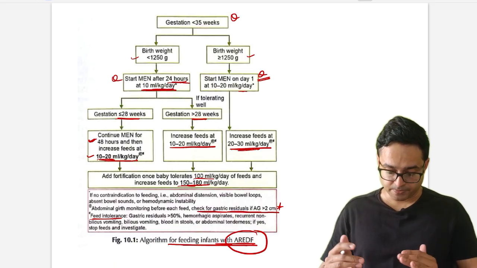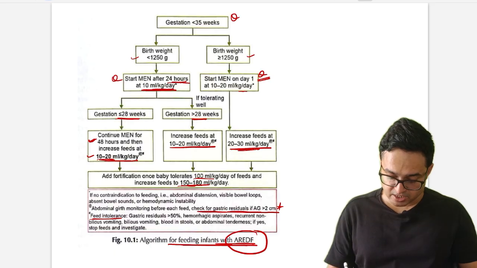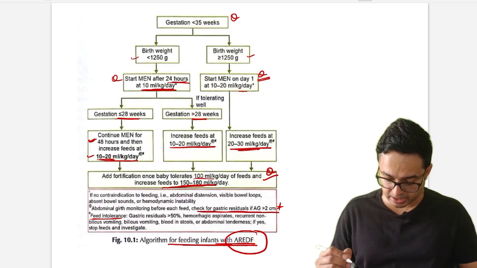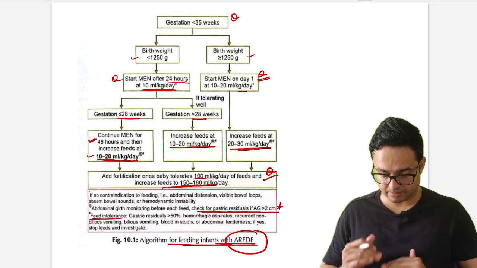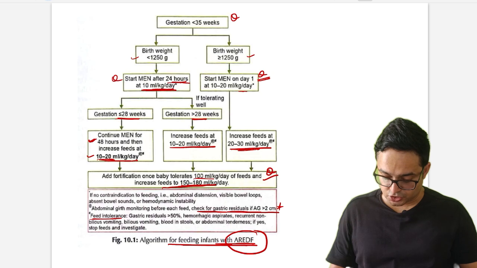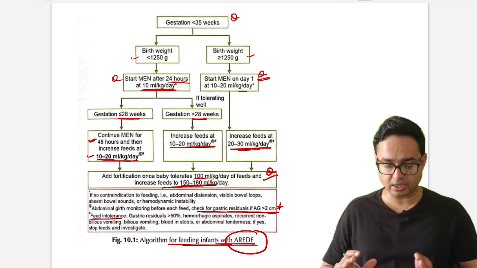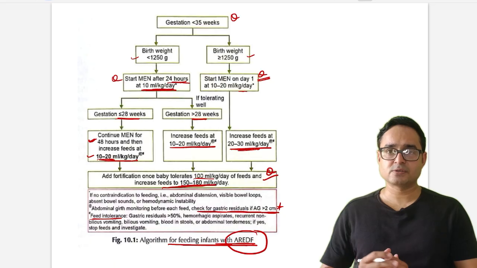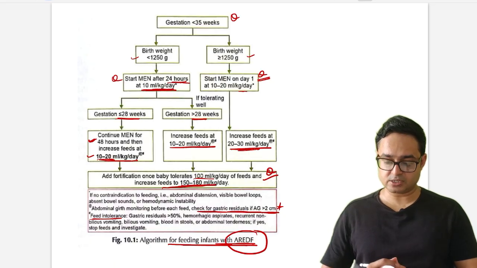Okay, so again, add fortification once baby tolerates 100 ml per kg per day feed, or increase feed to 150 to 180 ml per kg per day. Check for gastric residue of more than 2 centimeter, we have discussed. This is also a simple looking table, but many questions are there.